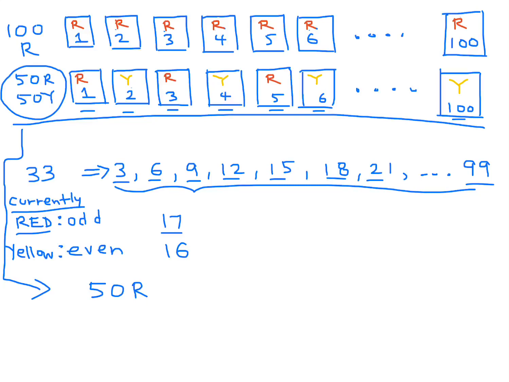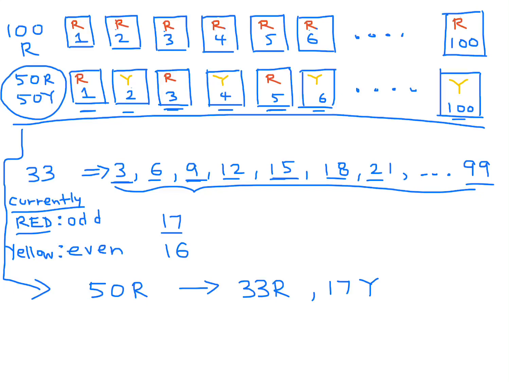Because those are the ones that are odd, like 1, 3, 5, and those are the ones that are divisible by 3. So 3, 9, 15. So if he flips over 17 red, it will result in there being only 33 red, and the remaining 17 will become yellow. Okay?